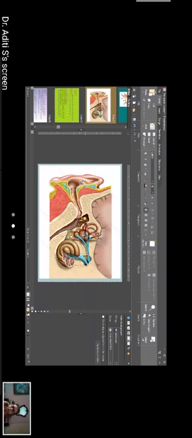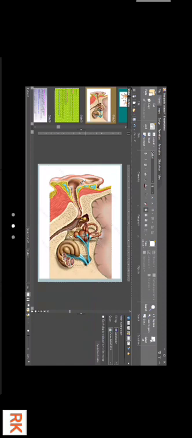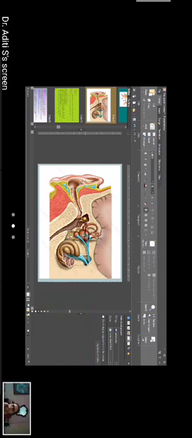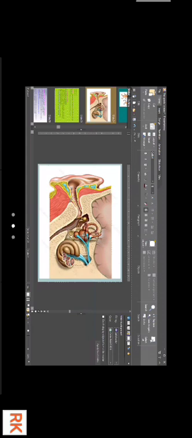What is the external auditory meatus? It's a canal made up of fibrocartilage covered by skin. Which glands are present here? What is ear wax made up of?